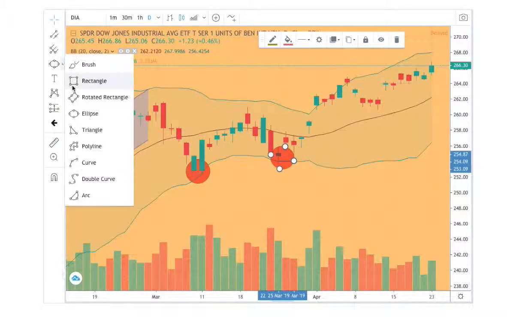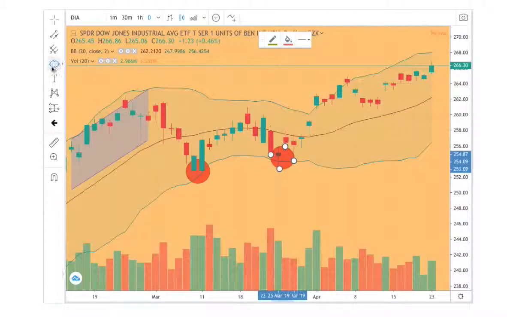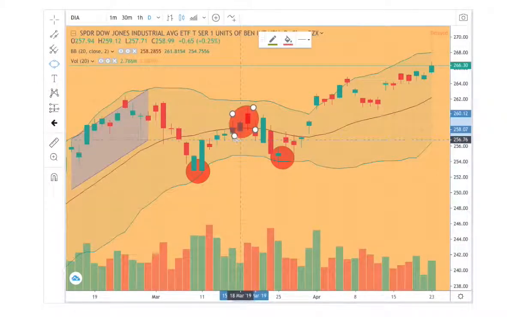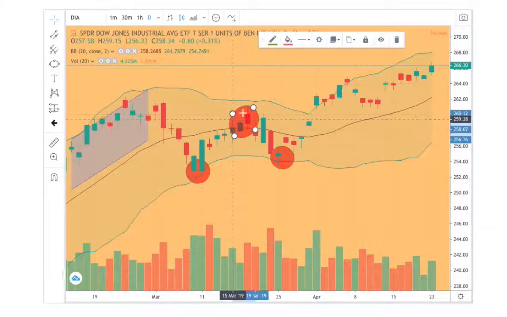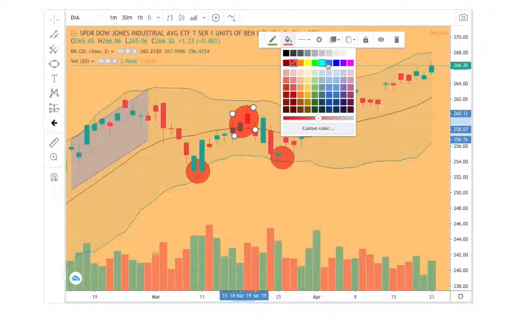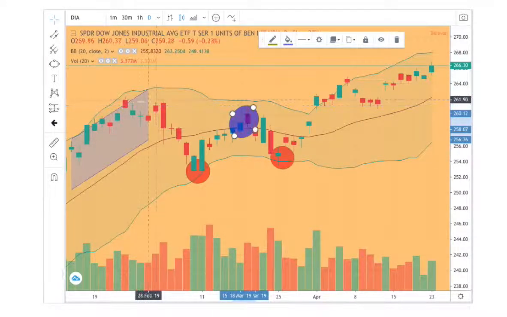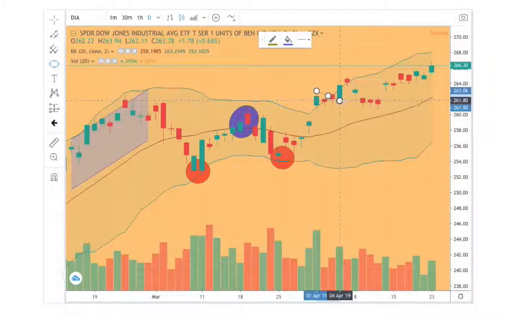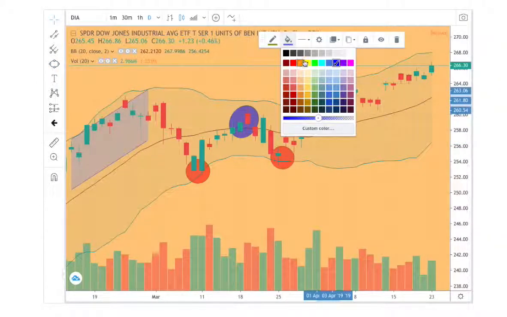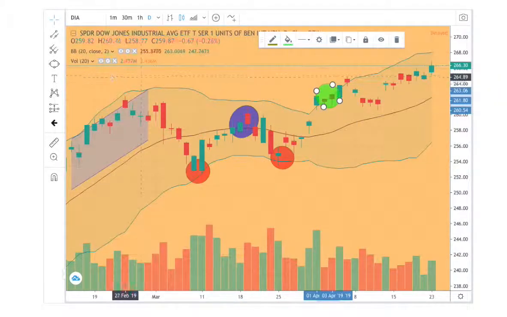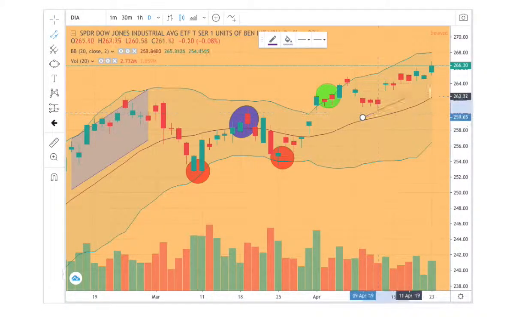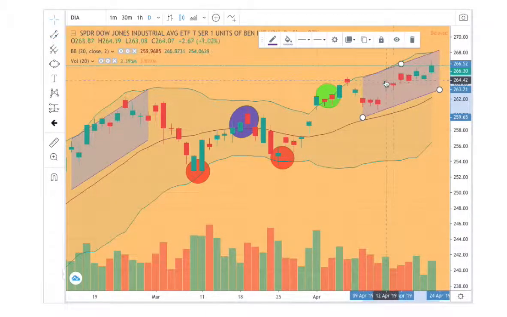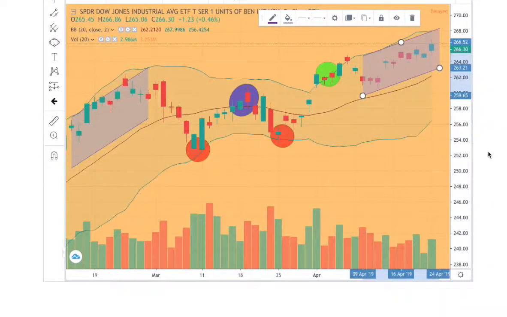And we could say there is a slight, I would say, inverted V shape. And we'll mark that blue, but we continue going on higher, as you can see, reaching the upper Bollinger Band again, and then we continue on higher with the up channel.